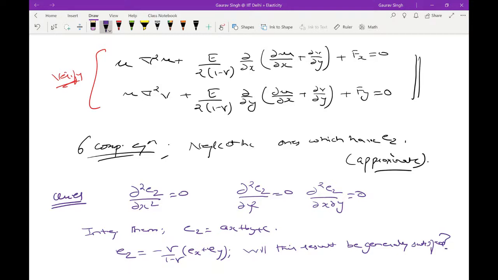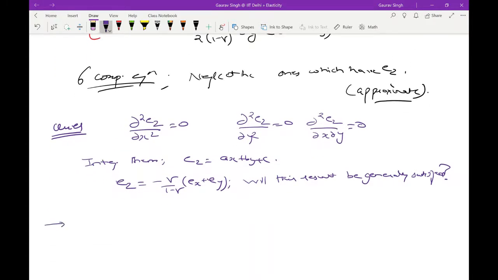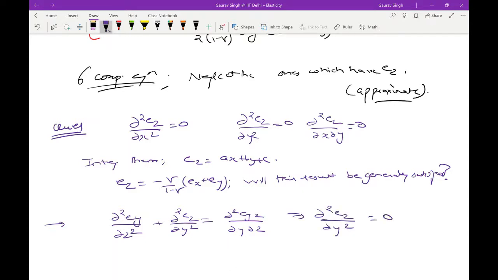So if you just look at the equations which you are ignoring because of the Ez term, you should have the 6 compatibility equations in front of you. ∂²/∂z² ... this implies that ∂²Ez/∂y² is equal to 0.